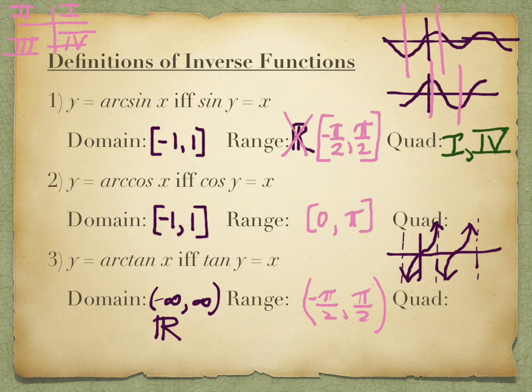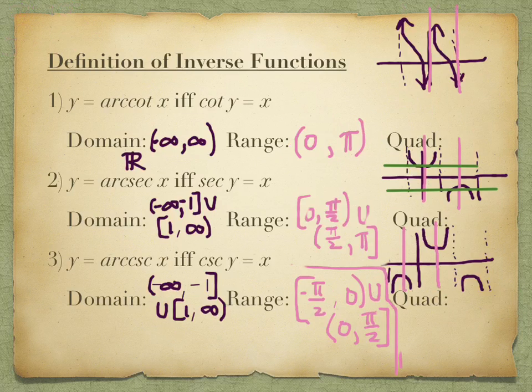What about 0 to pi? What quadrants are we in if we're going from 0 to pi? 1 and 2. What quadrants are you in if you're from negative pi over 2 to pi over 2 again? 1 and 4. What quadrants if you were from 0 to pi? 1 and 2.